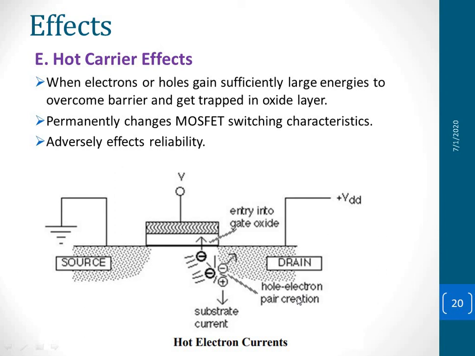So the current will try to move out, or the electrons will try to go out. So this will affect the threshold voltage especially. So it changes the switching characteristics. So if it is affecting the threshold voltage, that means the MOSFET which has to turn on later may turn on sooner. So likewise these switching characteristics will be affected.